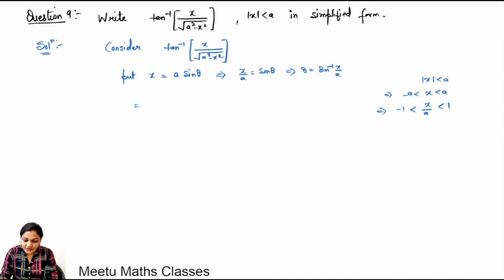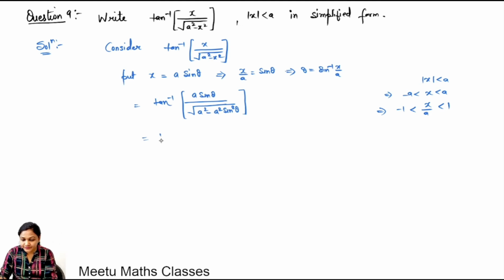Now our function will become tan inverse of a sin theta upon square root of a square minus x square, which is a square sin square theta.